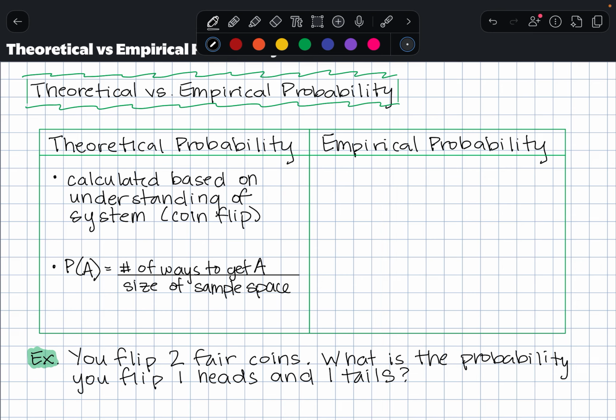Empirical probability is calculated based on experimental data.